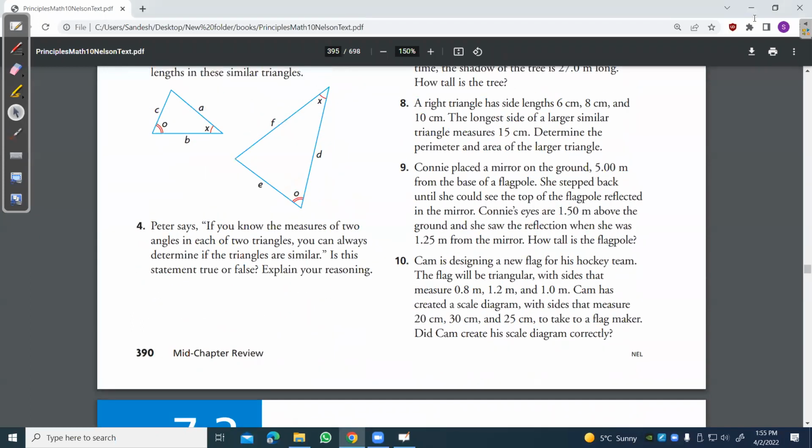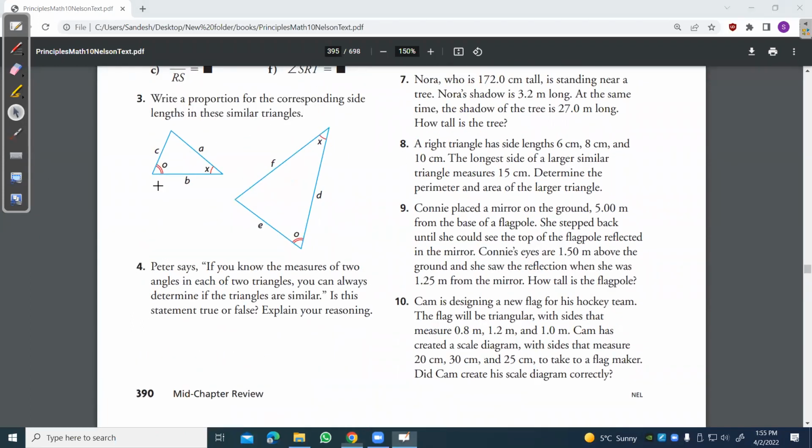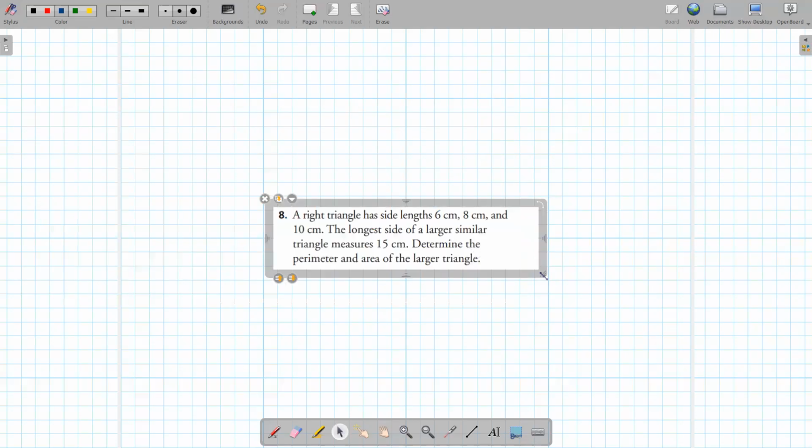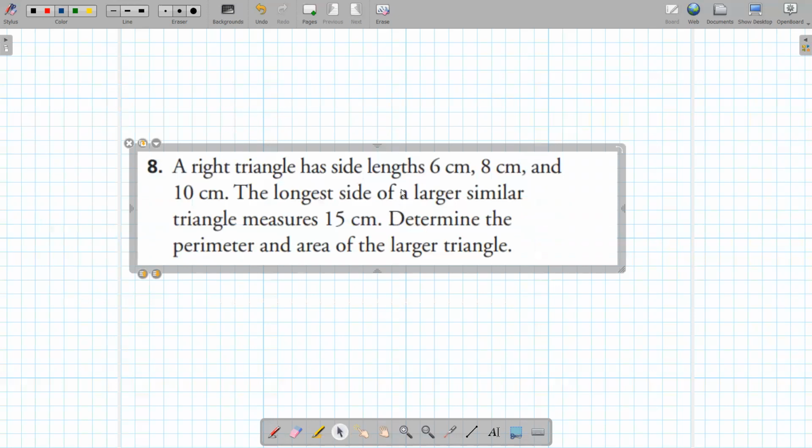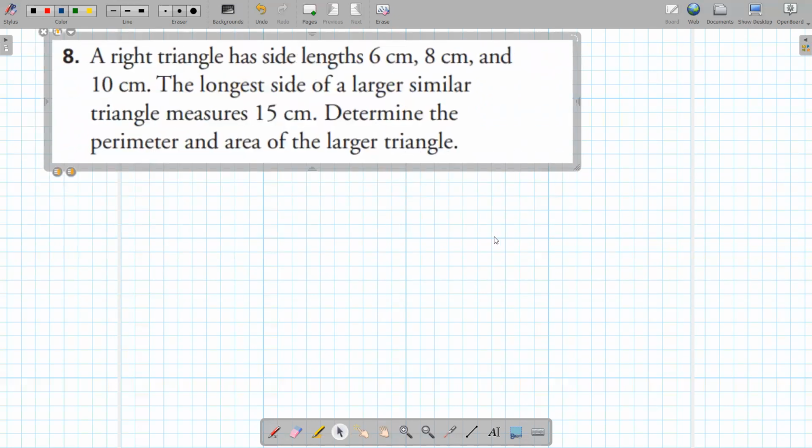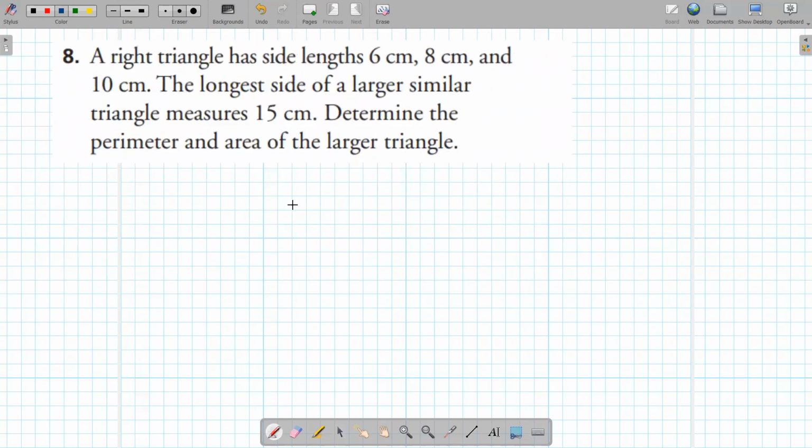That one's a pretty basic question. Let's try doing this one. A right triangle has side lengths 6, 8, and 10. A right triangle means there should be a right angle somewhere, right?